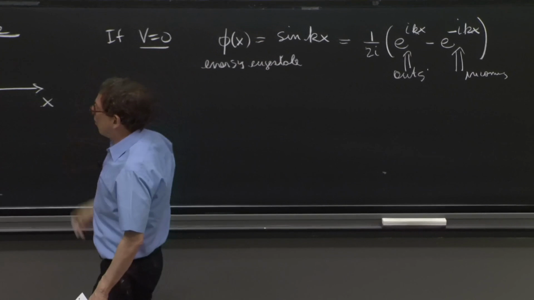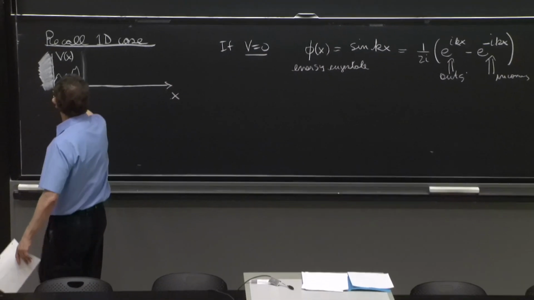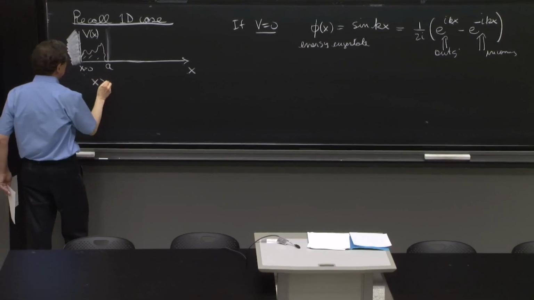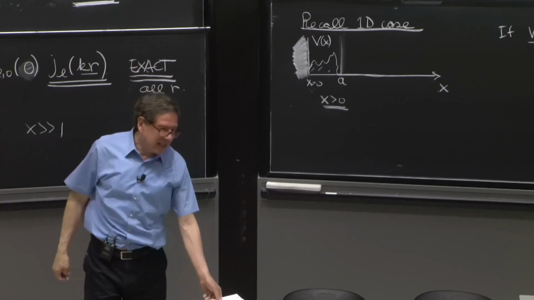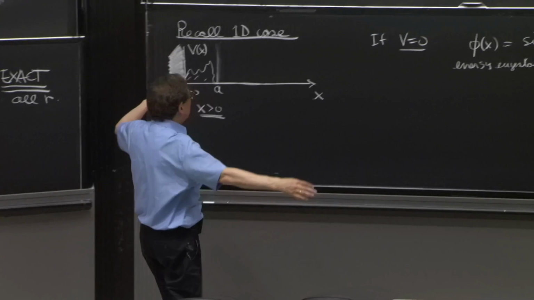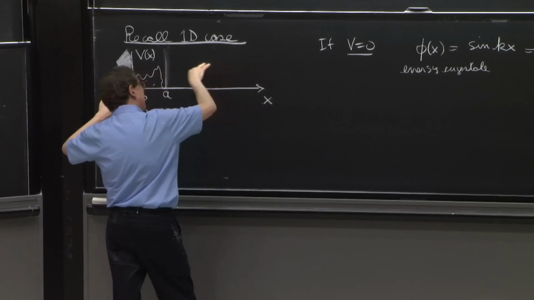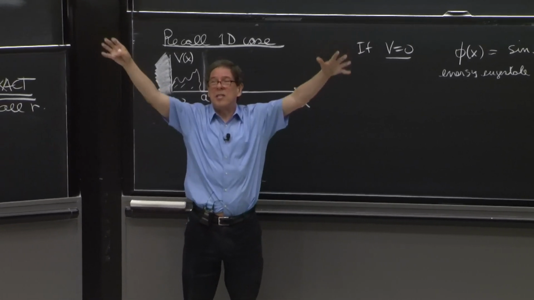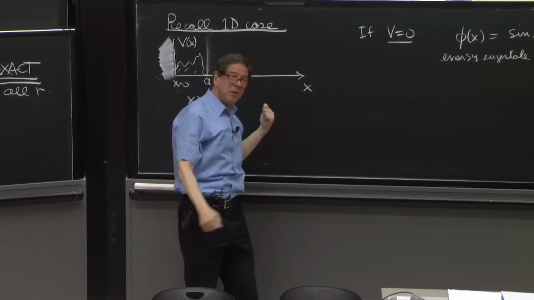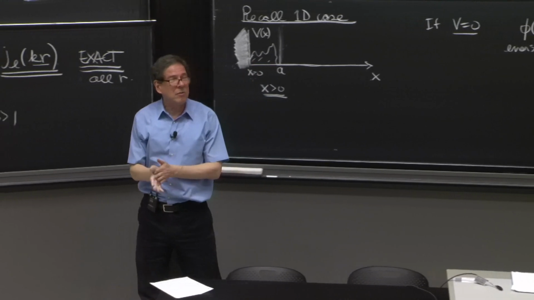Very analogous to above, because this x is defined to be positive and plays the role of radius. In this problem, incoming means going down in x. Incoming in spherical dimensions means going down in r. So we're doing something very analogous.